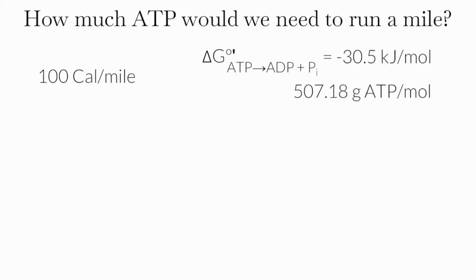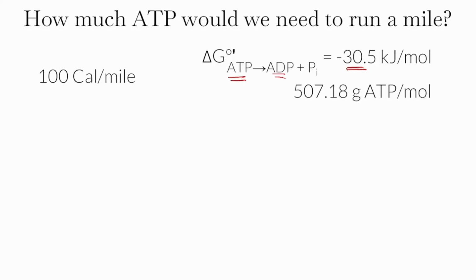The interesting question is, if that's how much it takes to run a mile, how much ATP do we need to do so? If you haven't heard of ATP before, it's a molecule that our cells use to do energy-intensive things. When you're contracting your muscle cell, you're taking molecules of ATP and converting them to ADP, releasing energy.